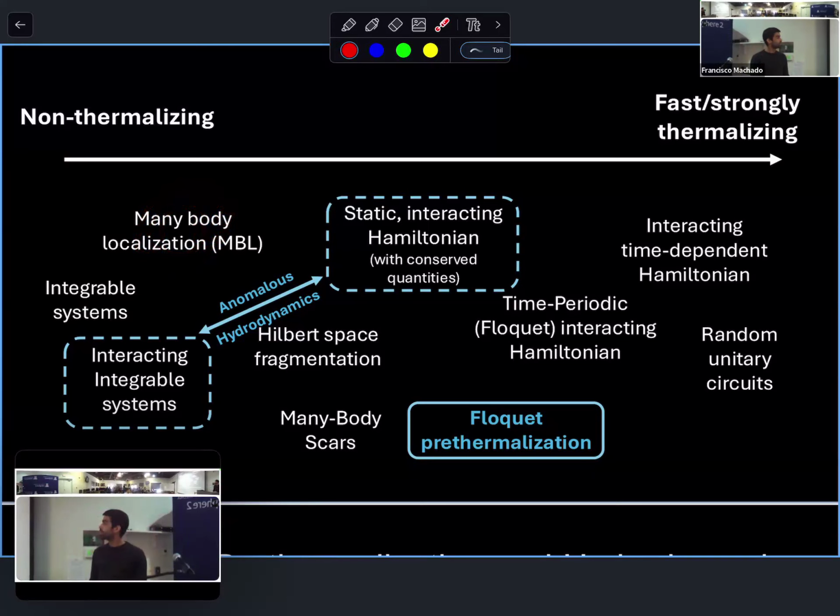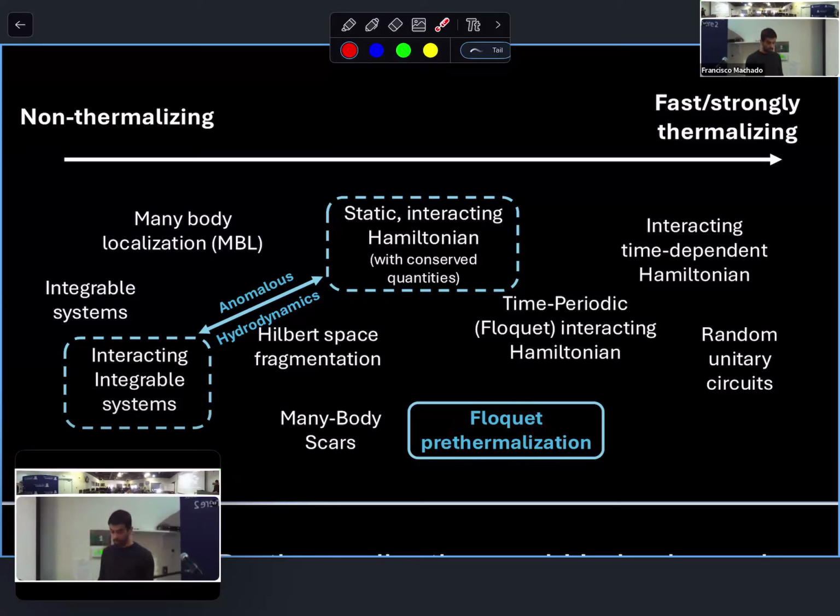So today I want to continue that thread and talk about two other kinds of out of equilibrium phenomena. One is going to be Floquet prethermalization, where I'll hopefully teach you how we can use a drive to engineer interesting phenomena and manipulate the thermalization rate of an isolated quantum system.